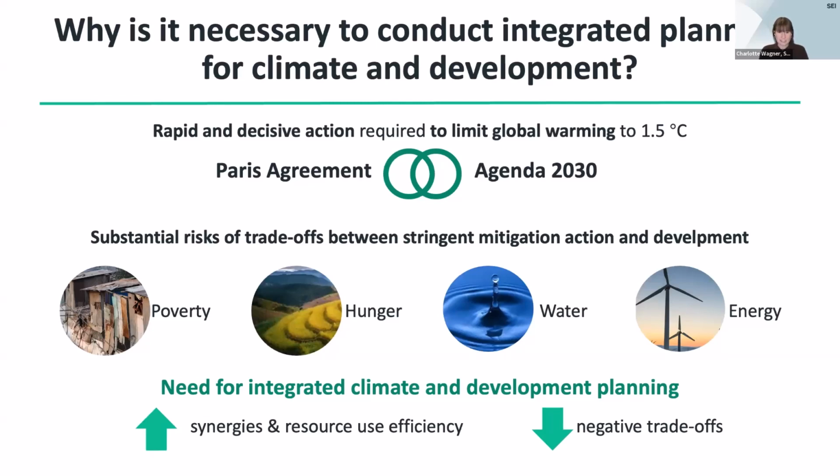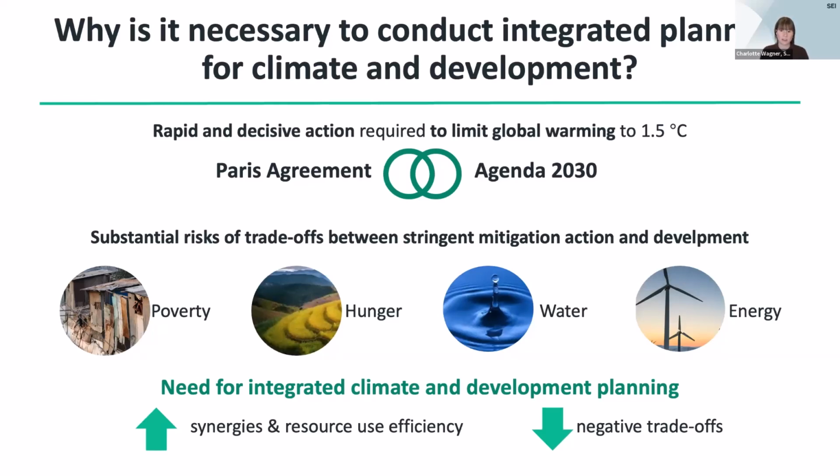And so there is really a need for integrated climate and development planning in order to both maximize potential synergies between achieving the sustainable development goals and achieving substantial climate mitigation at the same time. There is a question of resource efficiency, and we live in a world where resources aren't unlimited, and we have limited financial and political will.